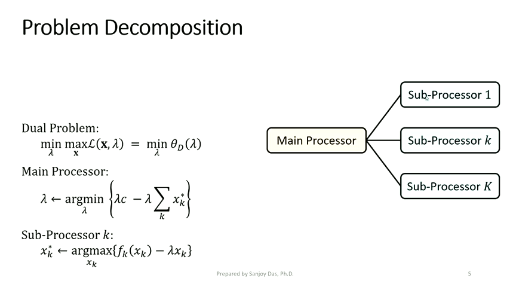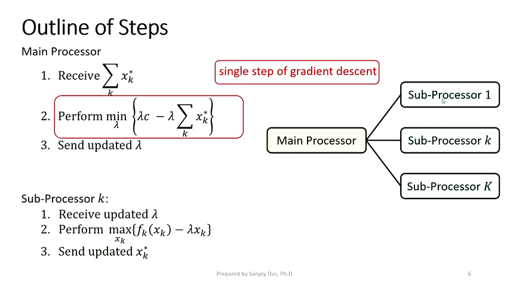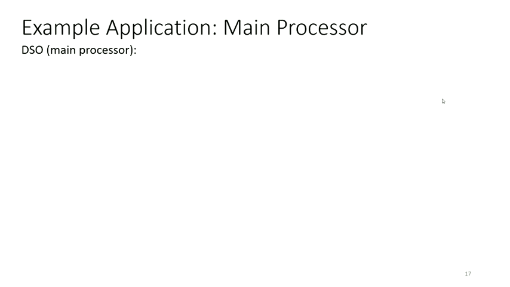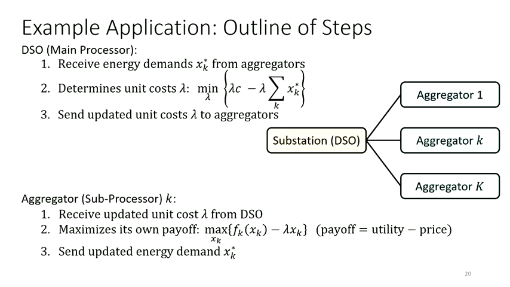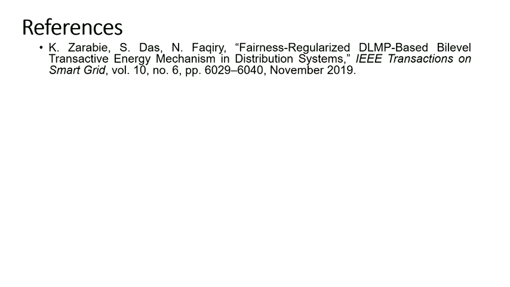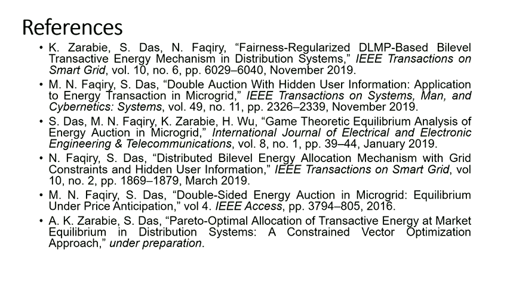It's private information of each subprocessor. In general, look at one of the publications. We made a case out of that: privacy preserving, with hidden user information, in a double auction.